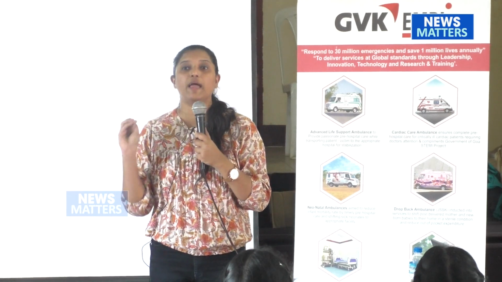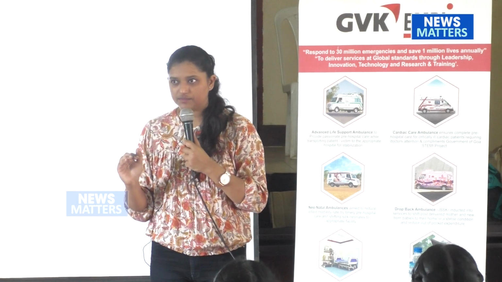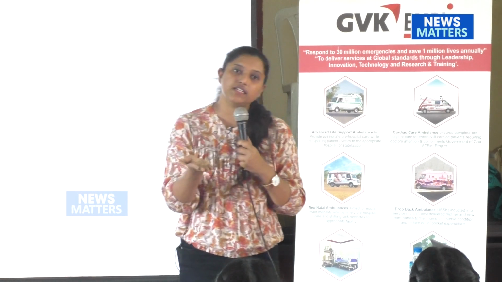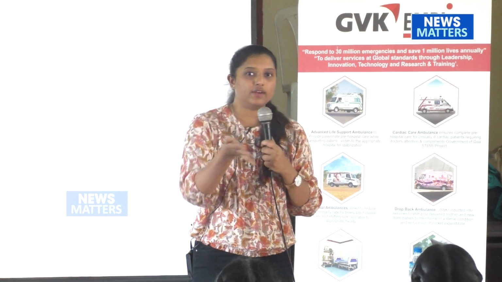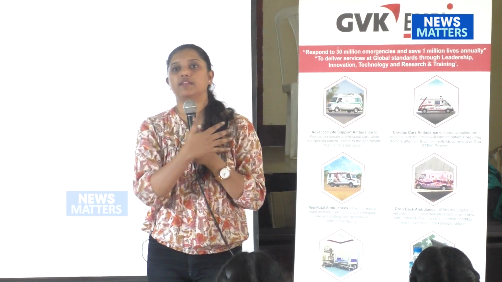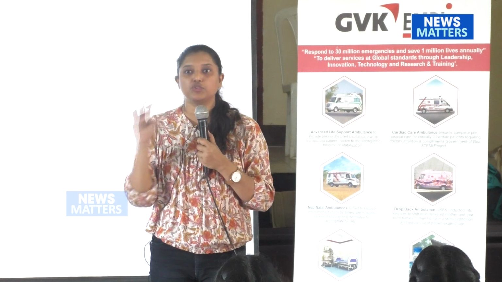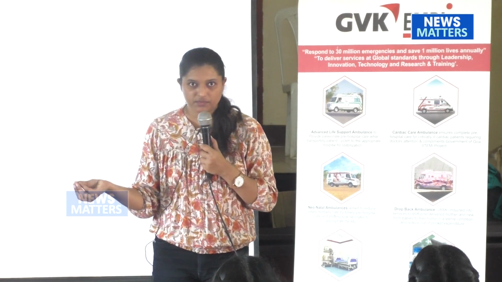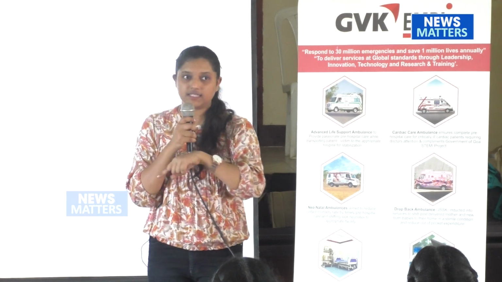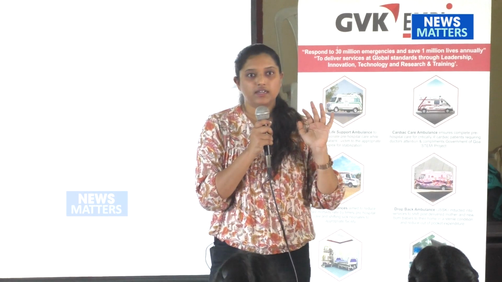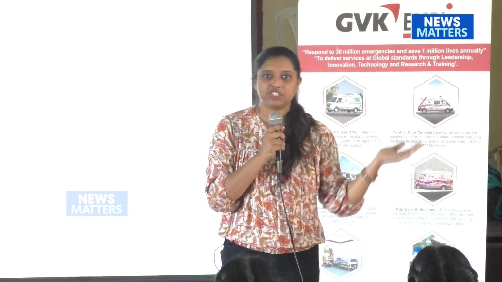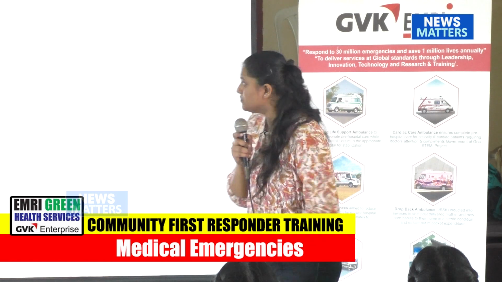If the mother goes into hypotension, BP is low. That's why we tell the mother to lie on the left side and then we shift her. This is called supine hypotension syndrome. To avoid this, we tell the mother to lie on the left side and then we shift the patient. Nothing more.